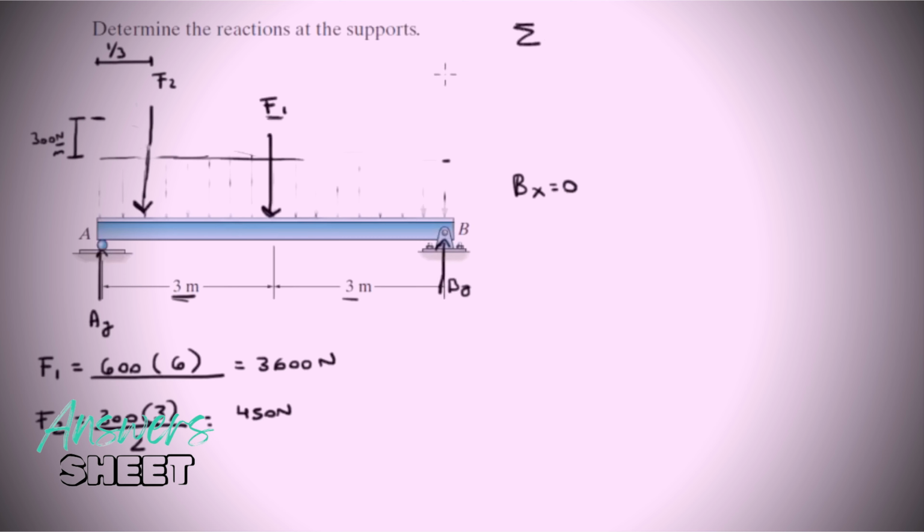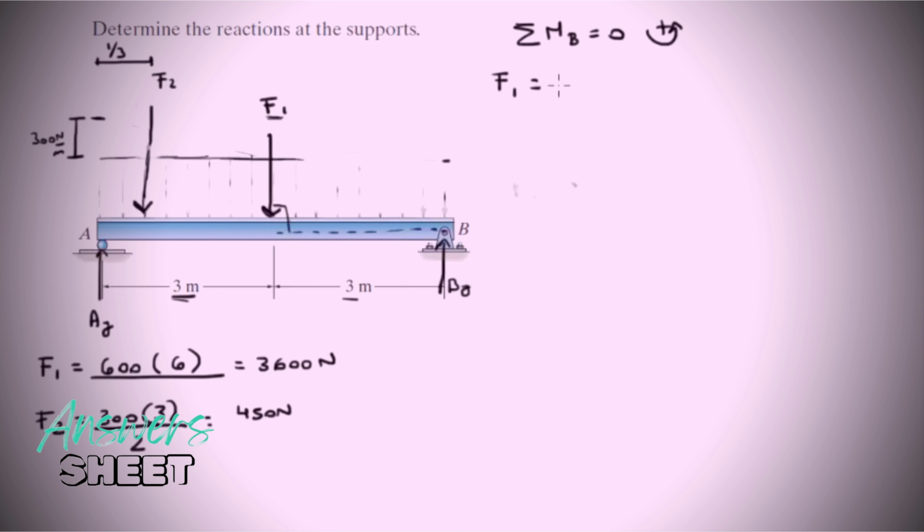So let's find AY first. The sum of the moments at B is equal to 0, right? So let's assume counterclockwise is positive. The first moment created by F1 is given by the distance times F1.